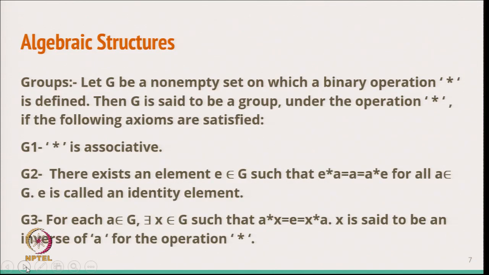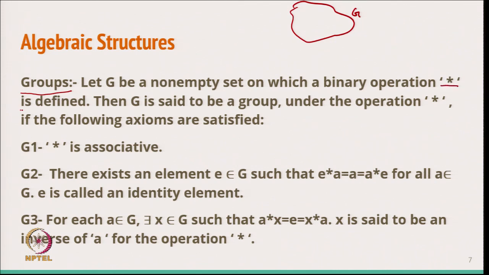So, after the binary operation, we can discuss some algebraic structures that are very important to define vector spaces. So, first I am going to define groups. Let G be a non-empty set. So, suppose I take some non-empty set, it is my G, on which a binary operation star is defined.